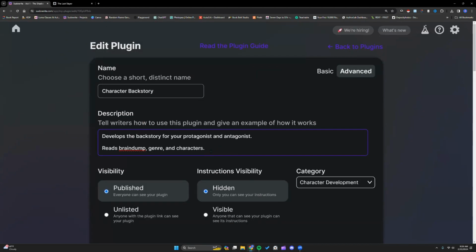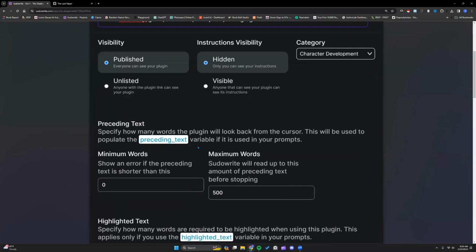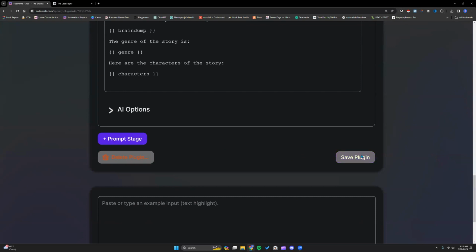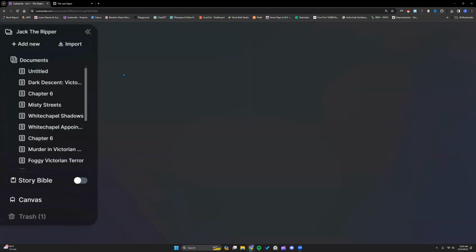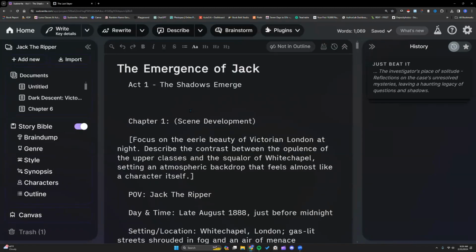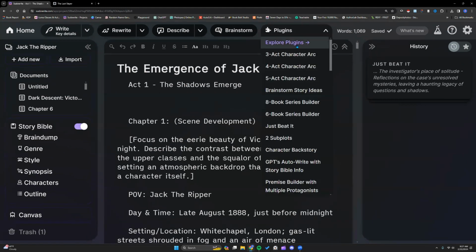Up to 2,000 words highlighted. So it reads brain dump, genre, and characters. That's actually good enough for here. I don't need to do anything.